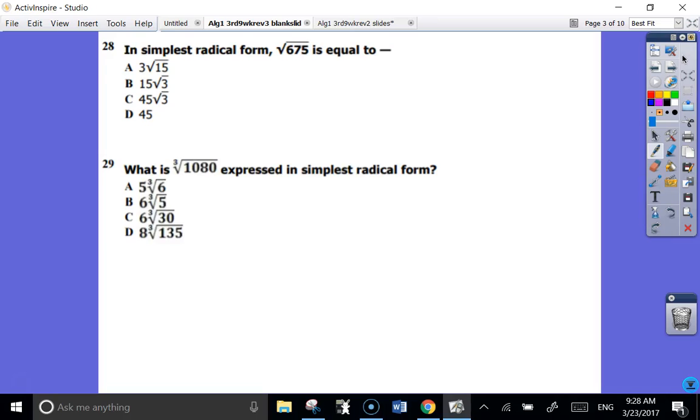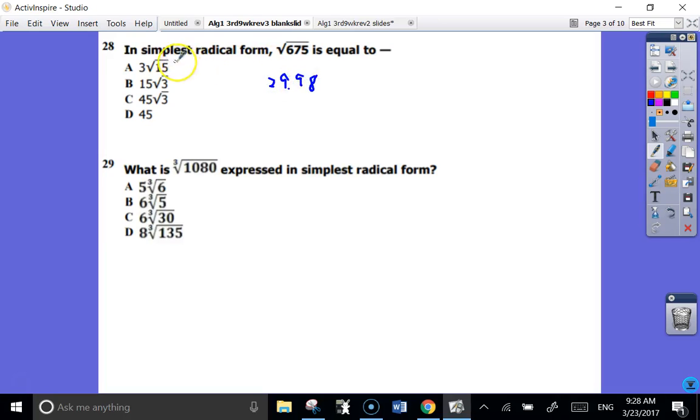Okay. Let me check. So this is what he did, right? You put in the calculator the square root of 675, and turned it into a decimal, which we don't do in class. What is the decimal value of that? 25.98.